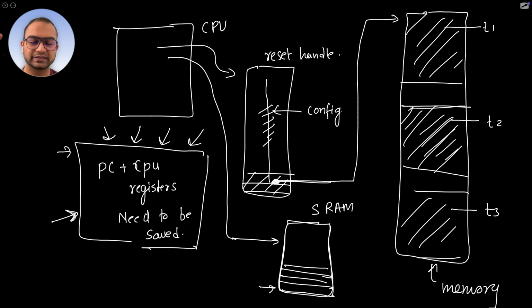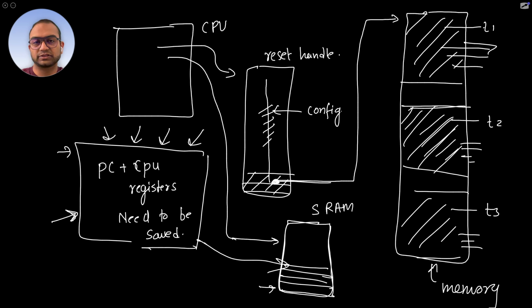Stack is involved in function calls. T1 might call another function, T2 might call another function, T3 might call another function. So there are function calls involved, and the stack is also the place where things can be saved because we know the stack pointer, so we can go save things there.